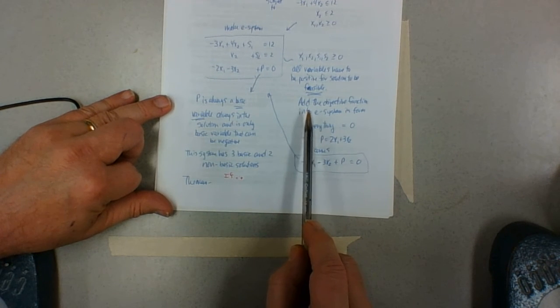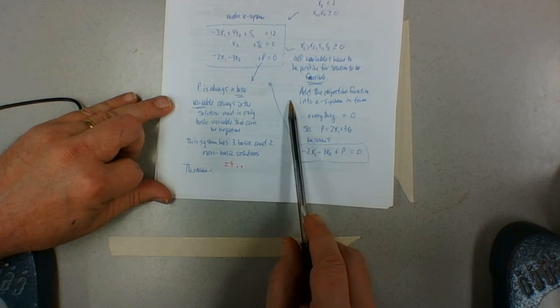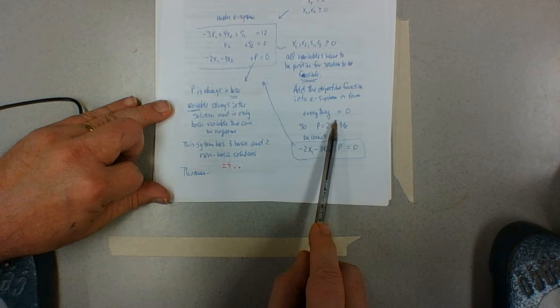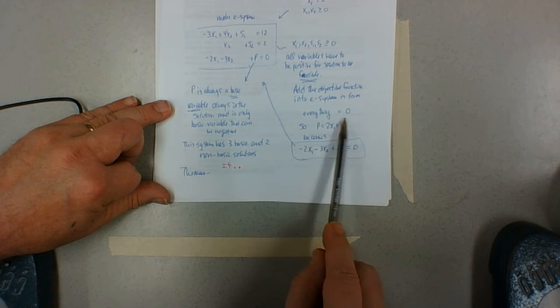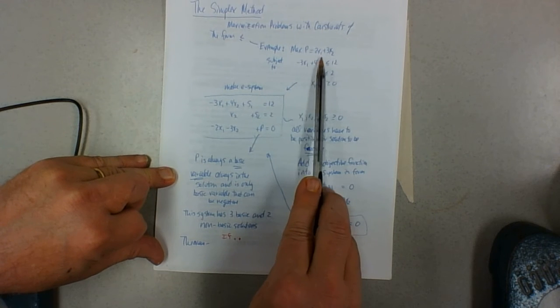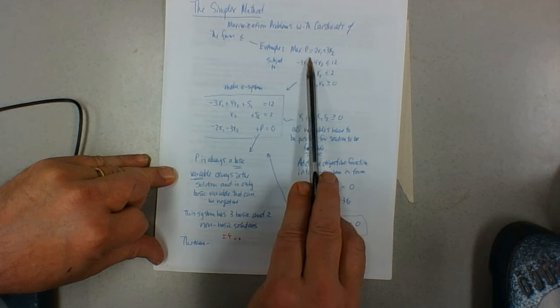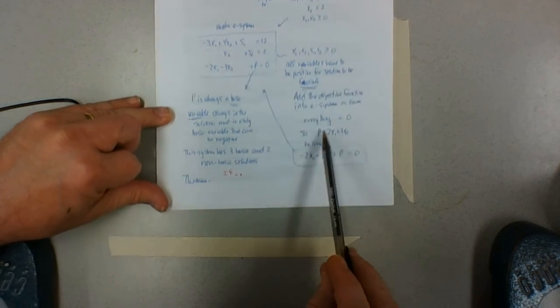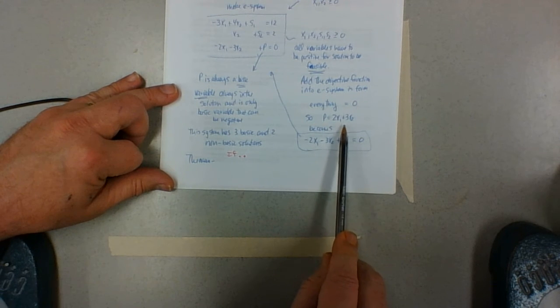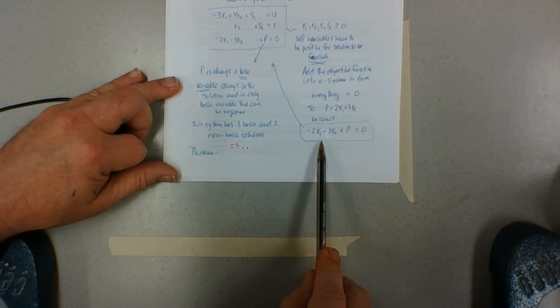Okay, what we do to begin the simplex method is we add the objective function into the E system in the form everything on the left-hand side and 0 on the right-hand side. So if I took our initial objective function, maximize p equals 2x1 plus 3x2, I subtract 2x1 and subtract 3x2 from both sides.